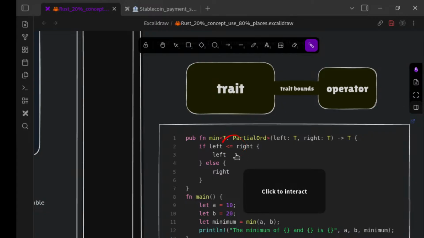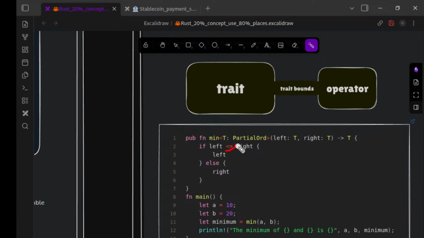So this is a logical operation we are doing here, but for this logical operation our compiler doesn't know what this sign means in our Rust program.